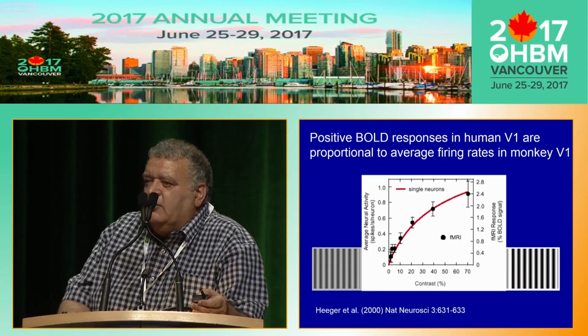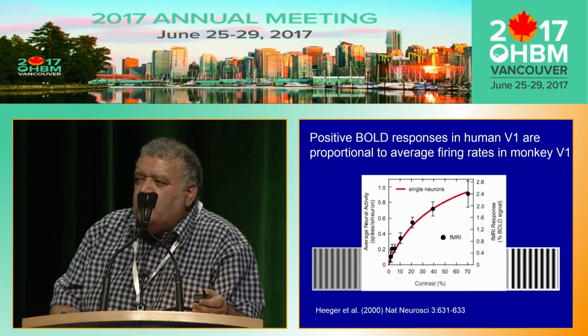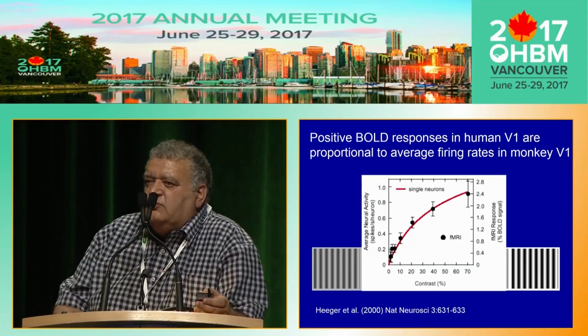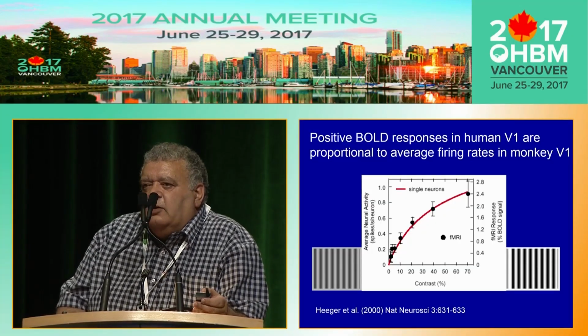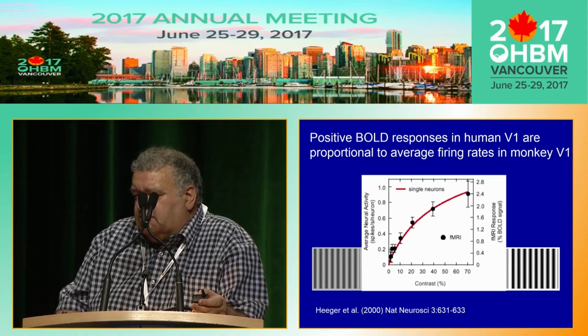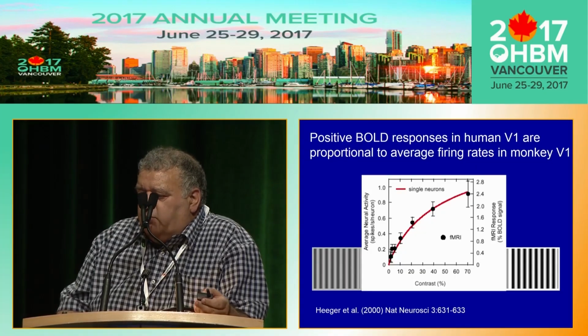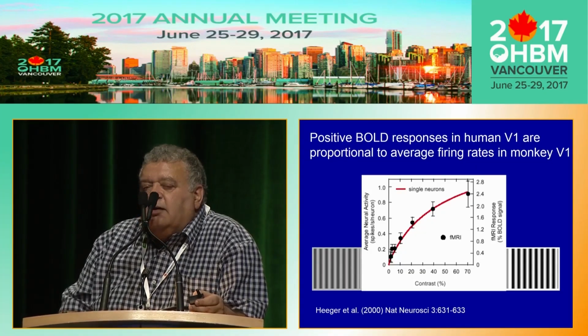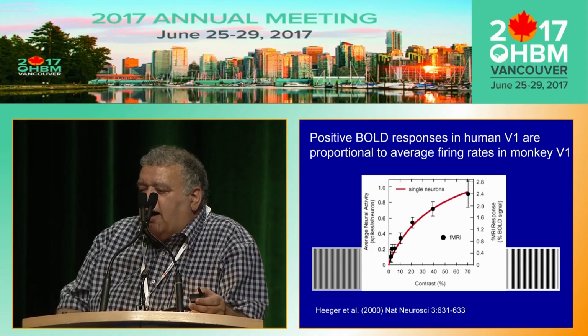You can see that although the two responses are non-linear with luminance contrast, the curves obtained from the two measurements pretty much follow each other, suggesting that positive BOLD responses in human V1 are proportional to average firing rates in monkey V1.